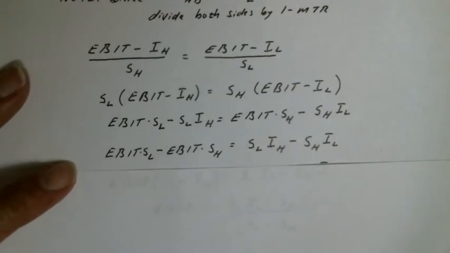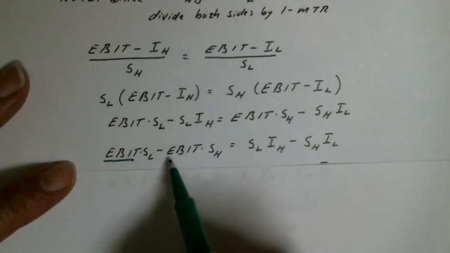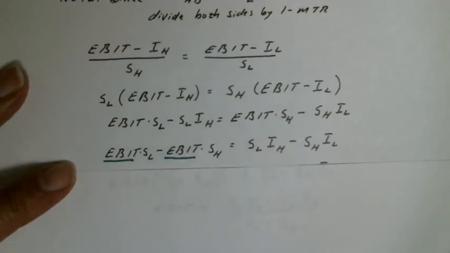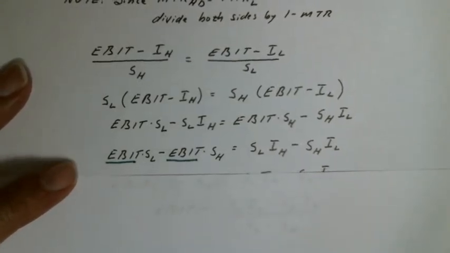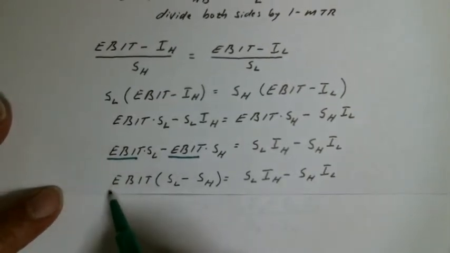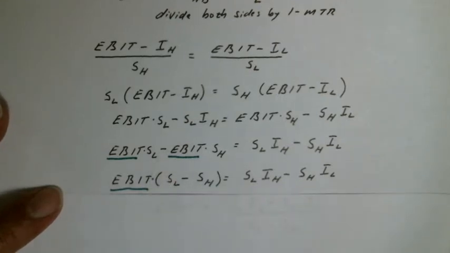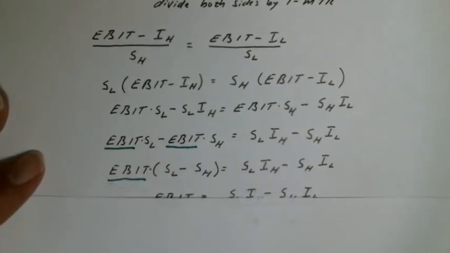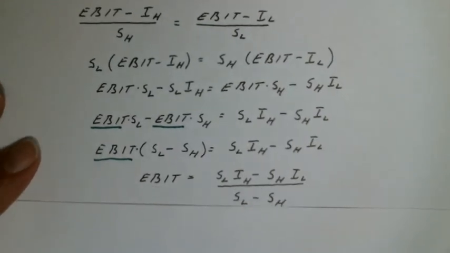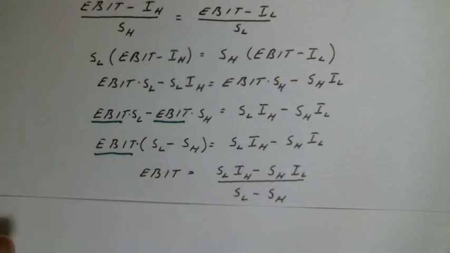So note that I have EBIT here and these two terms, and I will factor out the EBIT. So here is my EBIT times this factor. To get the EBIT by itself, I will now divide both sides by this factor here.